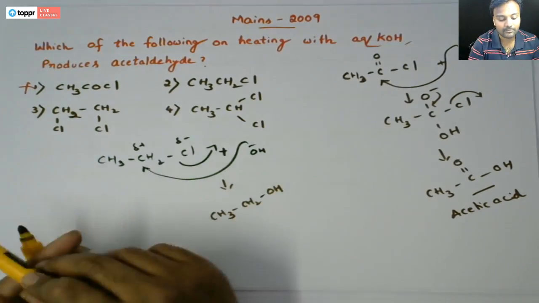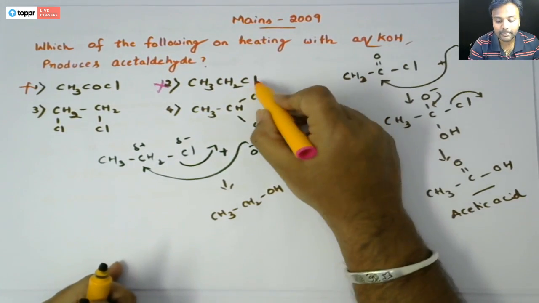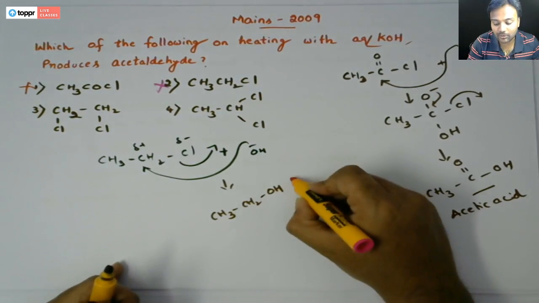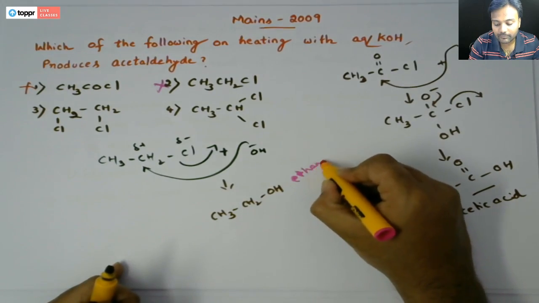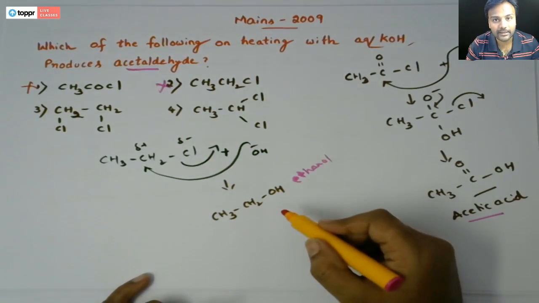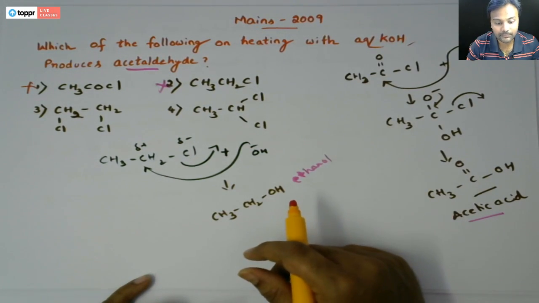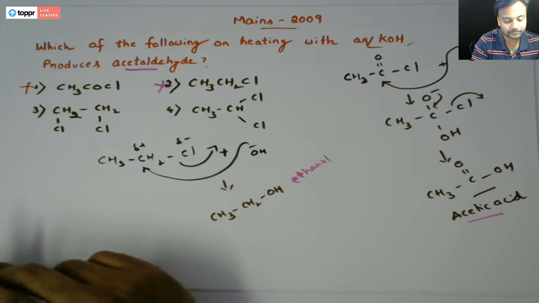Means I can eliminate this as well, because this is leading to the formation of ethanol. Whereas this one, acetic acid. But what we want? Acetaldehyde. So the option should lie between 3 and 4. Okay, try with this next one.